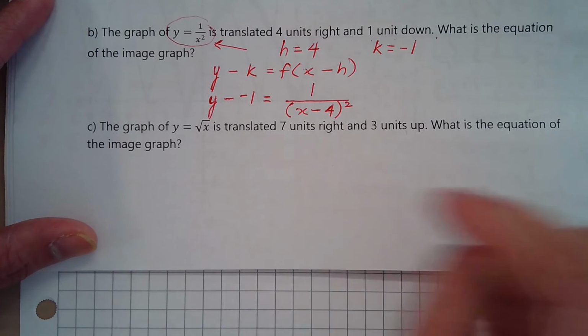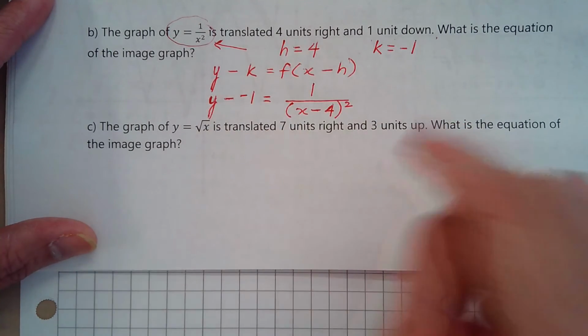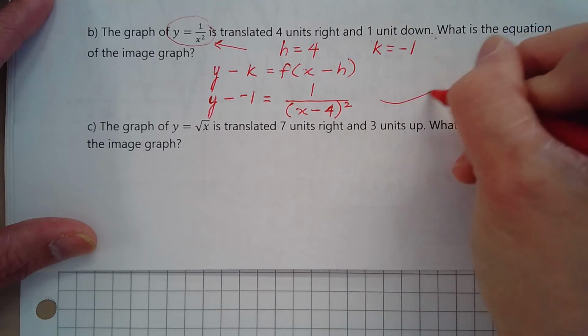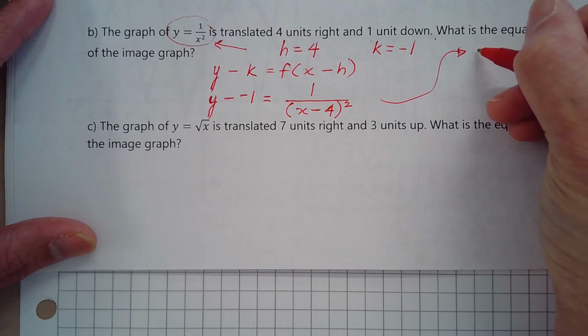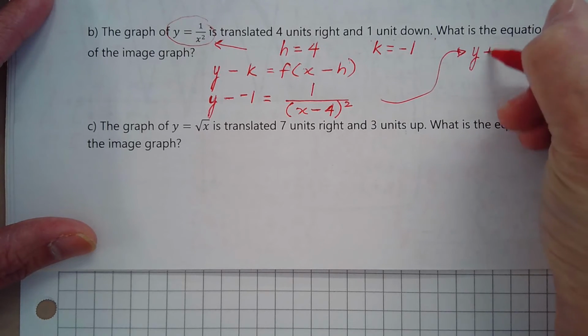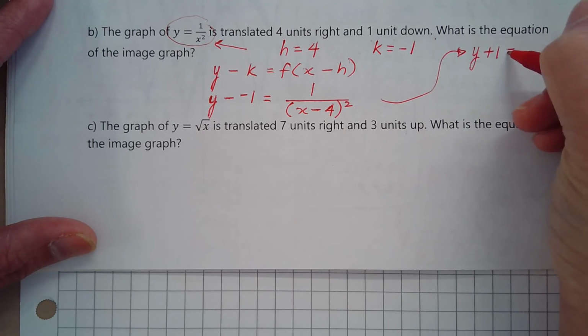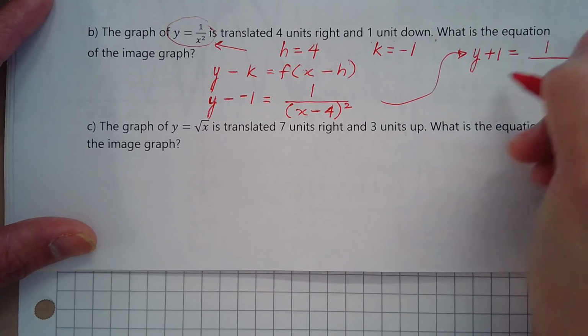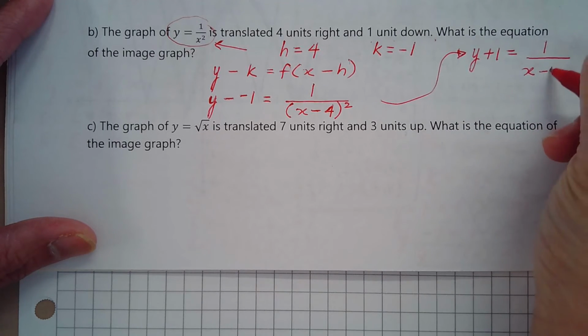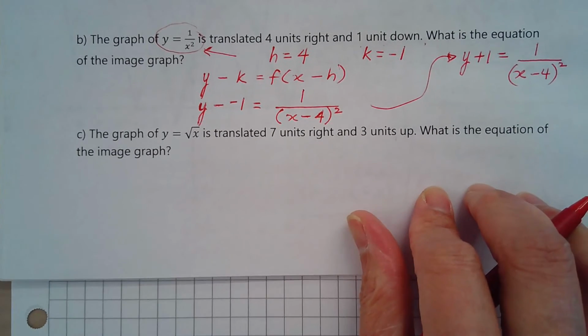Okay, so now let's fix it up. So y plus 1 equals 1 over (x minus 4) squared.